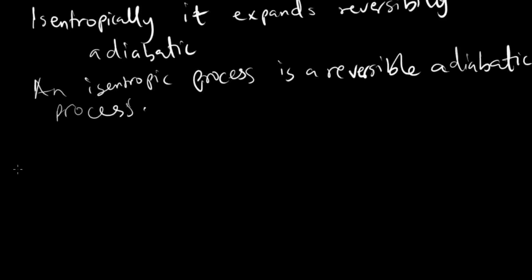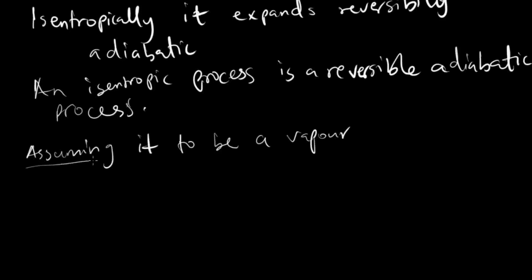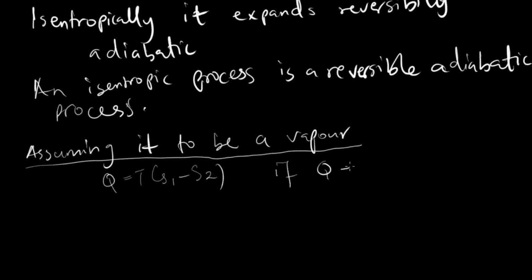So assuming the fluid to be a vapor, remember, Q is equal to what? T(S1 minus S2). If Q is equal to 0, S1 is equal to what? S2. No change in entropy.